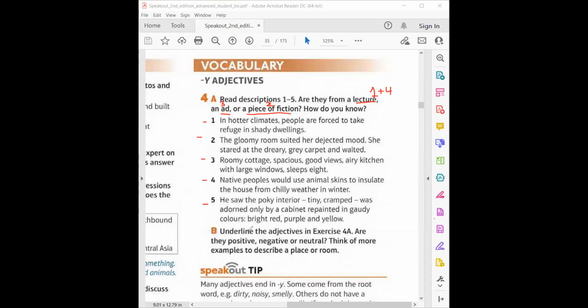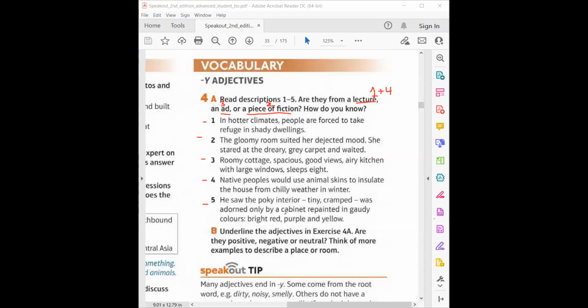Okay, "He saw the pokey interior, tiny, cramped, adorned only by a cabinet, repainted in gaudy colors, bright red, purple, and yellow."